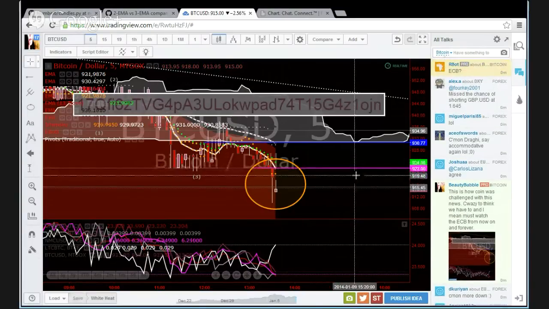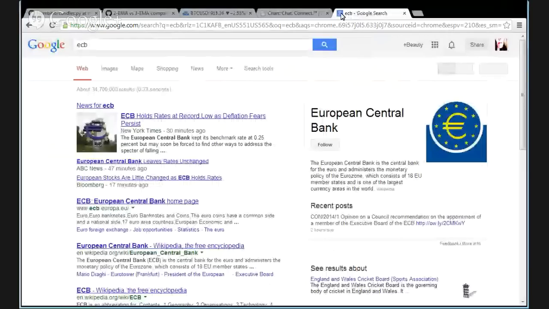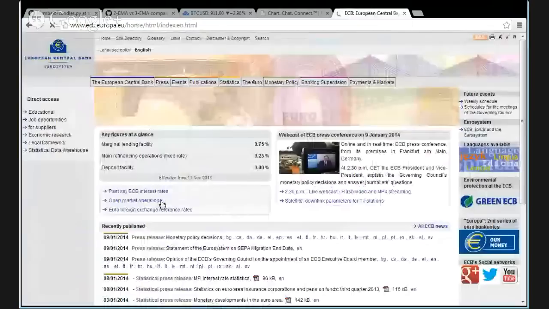So make sure that you keep an eye on that from now on. Put it in your phone. European Central Bank. Here, I'll look it up so you guys know what it is. Okay, this is the European Central Bank right here. Got it? Here's their homepage. Pretty robust.